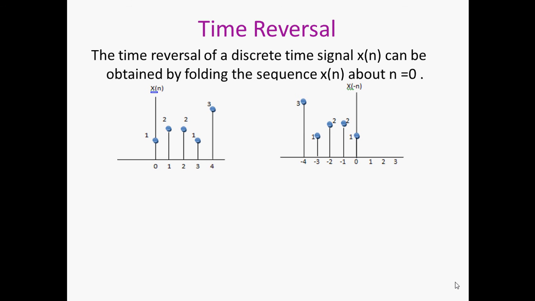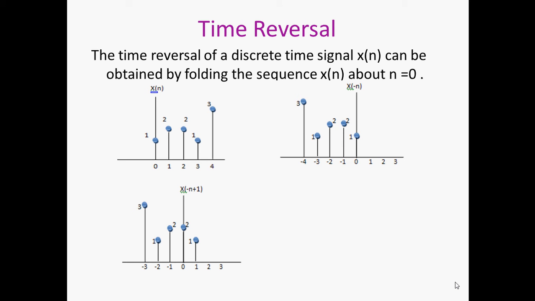So in this time reversal, the shifting can be performed here. So whatever the k value they have given, we have to take it with its sign and magnitude, and then it should be added to the starting time period of x of minus n. For example, in x of minus n plus 1, the k value will be plus 1.